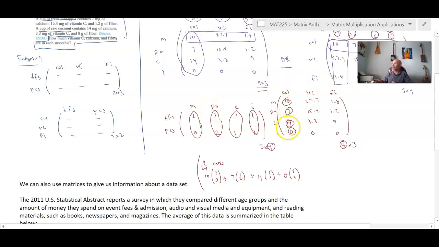Again, I have grams per cup of calcium in a coconut cup times the number of cups of coconut. And so I'm adding basically grams plus grams plus grams plus grams, and this will strictly be for calcium. Then I'll repeat the same thing, but now it's just going to be for vitamin C. It's going to be each of those 4 scalars multiplying those columns.